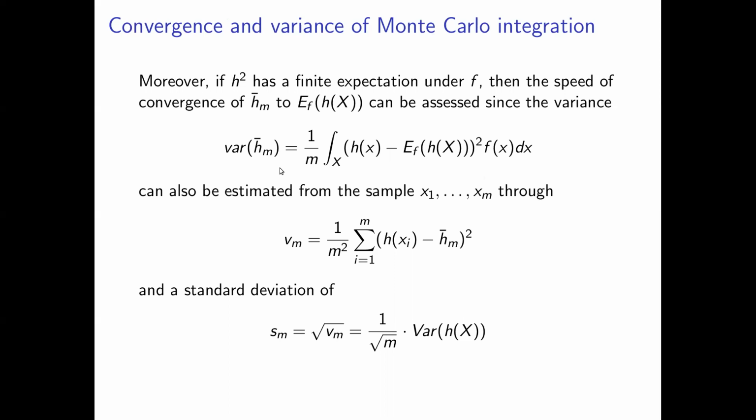And again, we simulate it in the Monte Carlo way. We take our simulated values x, plug them into our function, subtract the arithmetic mean as the approximation for the expectation, take the squared deviances and divide by m squared. This gives us an estimator for variance and also for the standard deviation of the Monte Carlo estimator, of this arithmetic mean estimator.